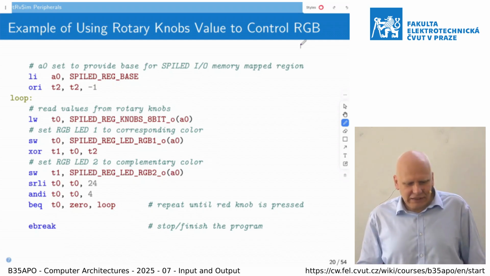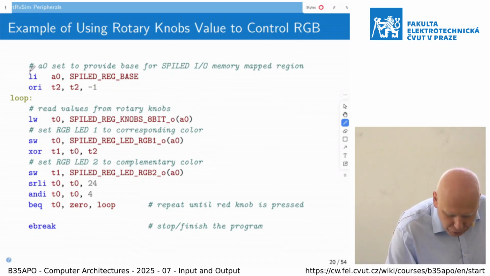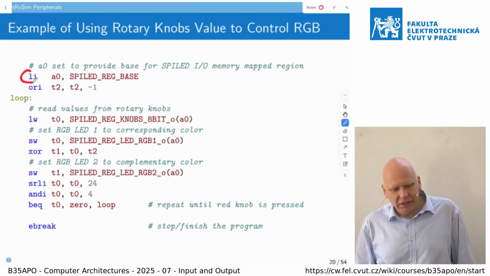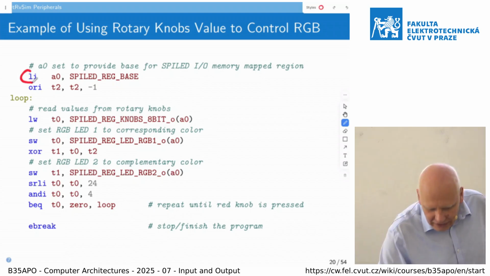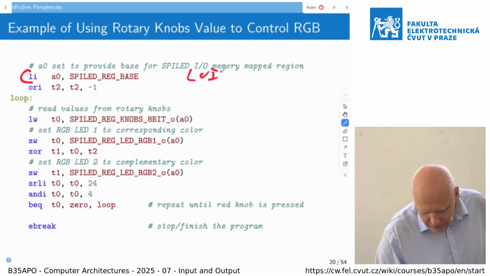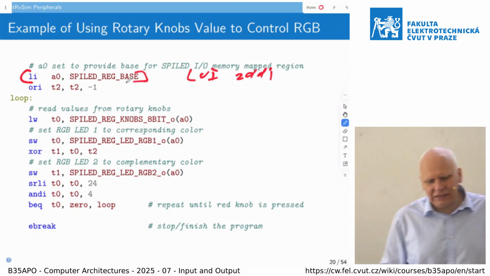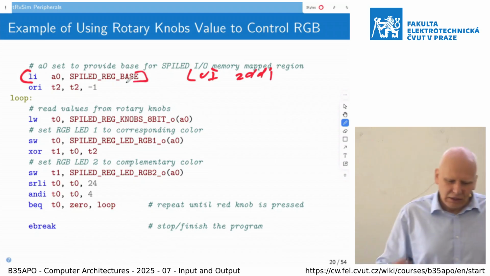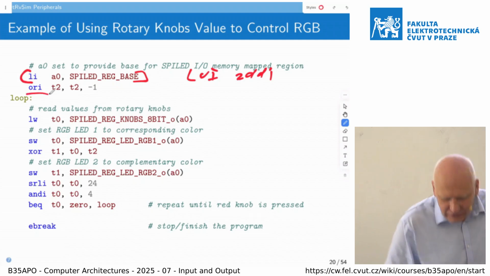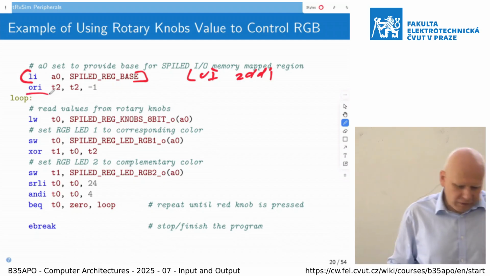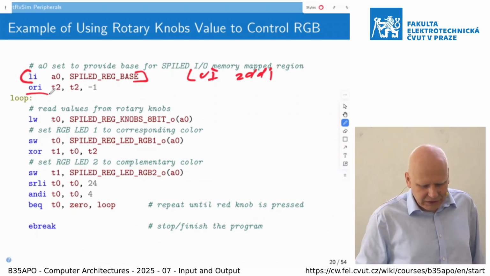Okay, there is an example. You can use this pseudo instruction, which uses load upper immediate and addi, to combine together the full 32-bit address representing the base. Then we set another register to -1 in this case, for example, this way.